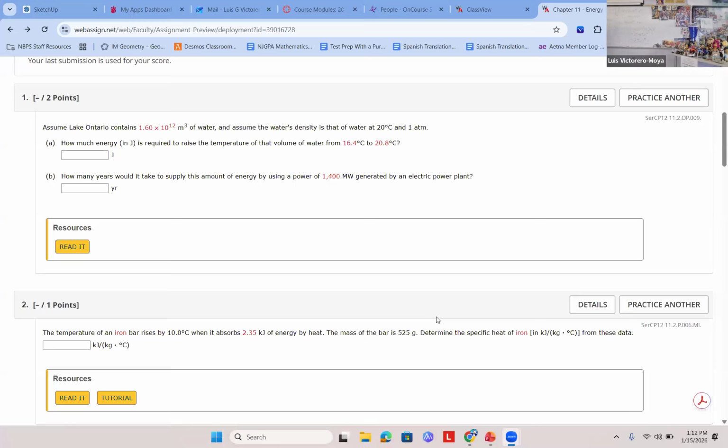The relationship between energy and power is that energy is power times delta lowercase t. That's time. Now, energy is this, power is this, so I have to divide. But the time will be in seconds.